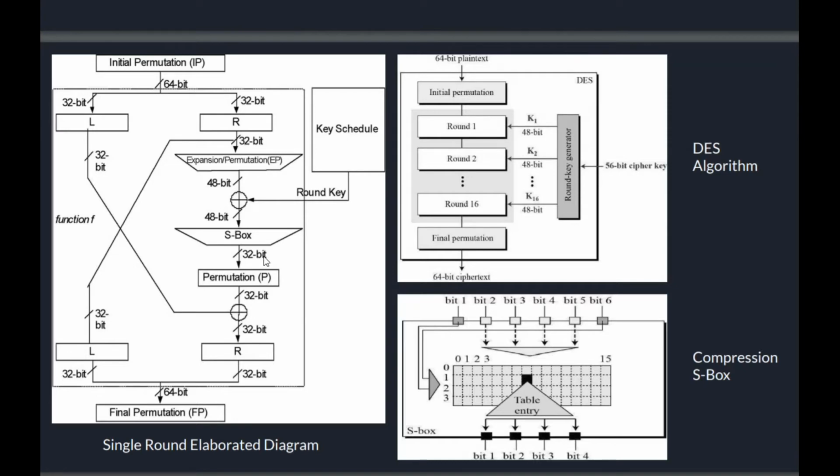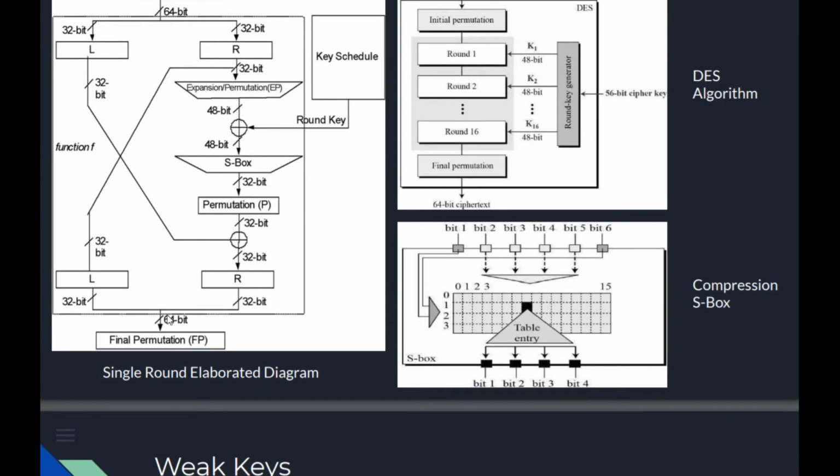After this happens, we pass it to the straight P box, that is for permutation, and it also just reassembles the bits. After that the result will be XORed with the left part and the output will be stored in the right part. For the left part, the initial value of R will be directly copied to the left part and we will merge them.